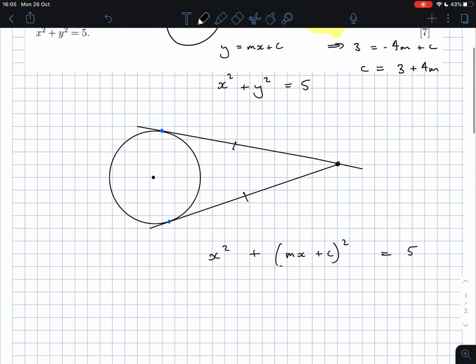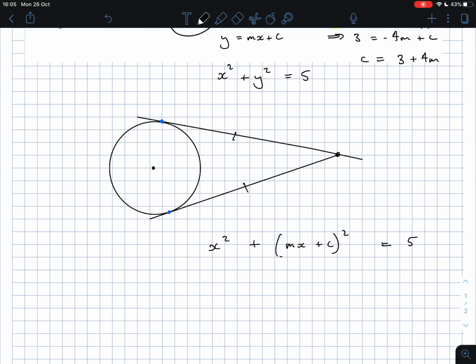And I know you're thinking, here we've got 3 things that we don't know, which is a bit tricky. But we're going to be able to form an equation later on, because we know that if it's a tangent, if we can form a quadratic, which it looks like it will fall out, we know that b squared minus 4ac is equal to 0. So that's going to help us to form a third equation to find those 3 unknowns.